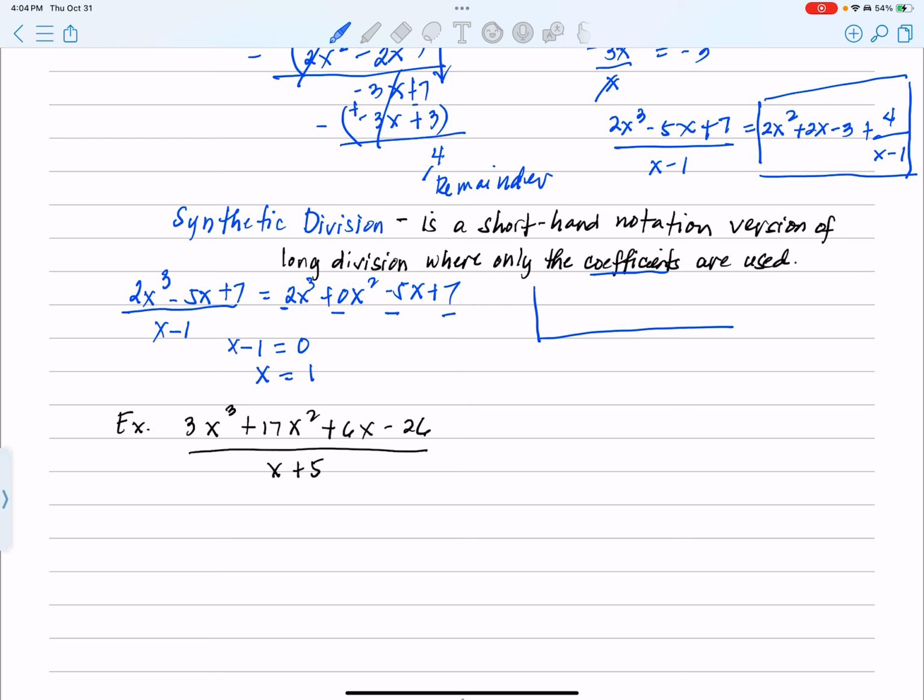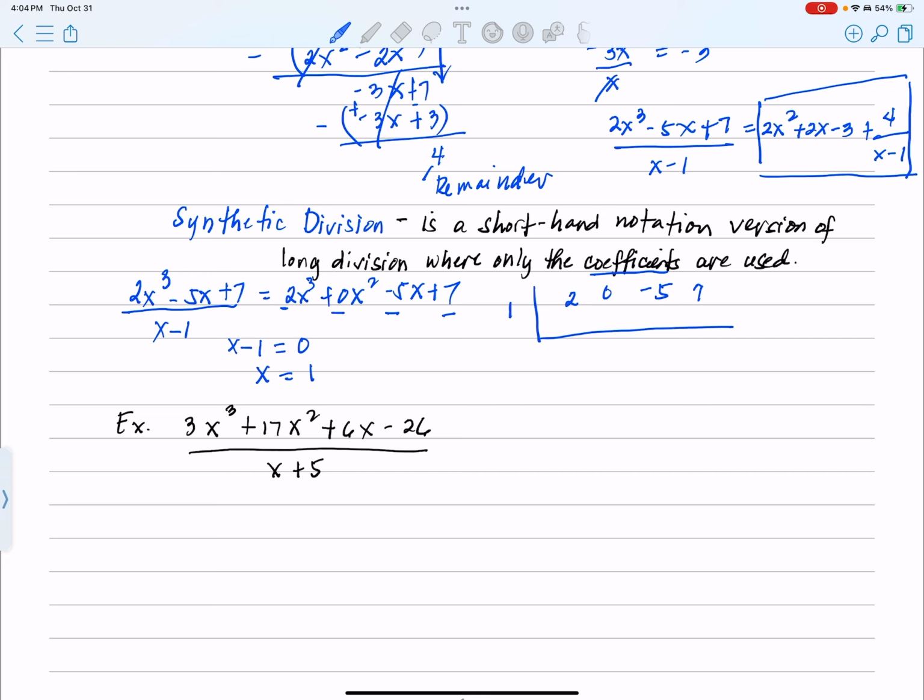Okay? So I'm going to write down here inside 2, 0, negative 5, and 7. And our divisor would be 1. Okay? That's the setup. So you don't see any x, you don't see any variables there. You only see numbers.